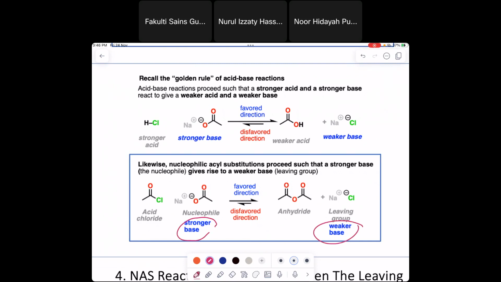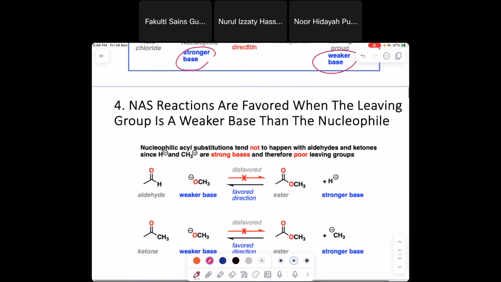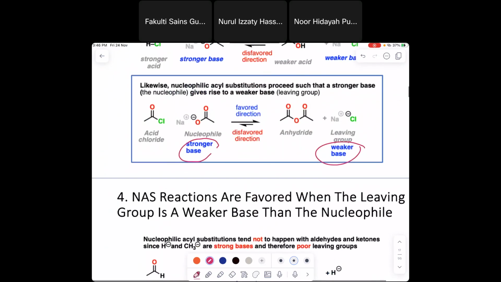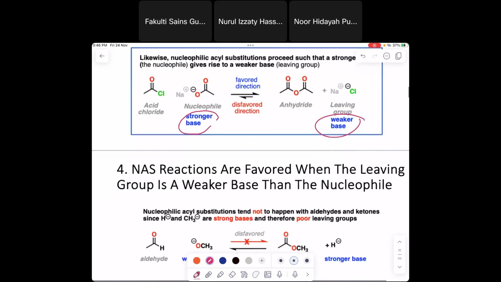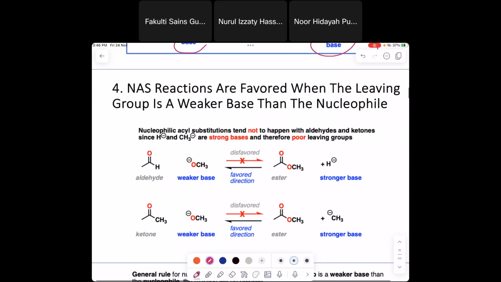We will give you the pKa, but no one is going to give you the list of pKa values to read in the exam. No, we don't give that to students. We want students, even if they don't know, to somehow be able to position the pKa, where the pKa values are. So again, when we say this, it also shows that this nucleophilic acyl substitution will only be favored when the leaving group is a weaker base than the nucleophile.